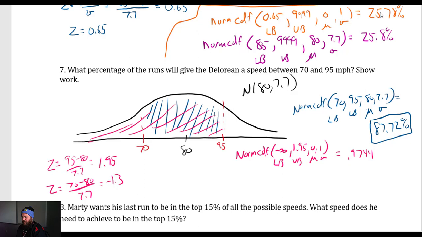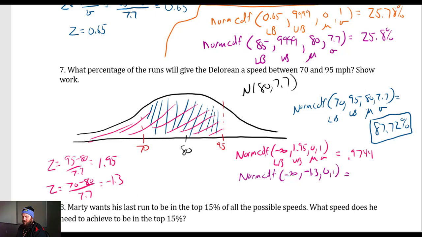Now we need to find normal CDF from negative infinity to negative 1.3, with 0 and 1.